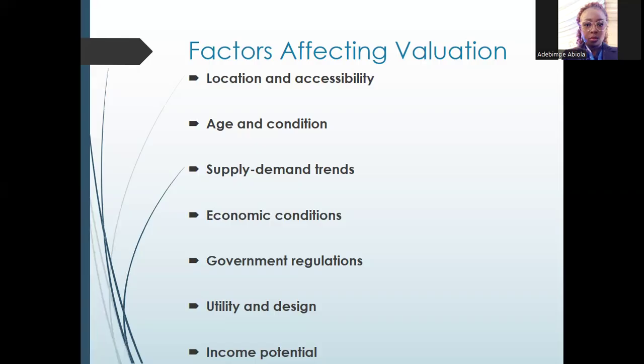In a situation whereby a property is located in an area where there are facilities, a good road network, and social amenities, those are the things that enhance value.